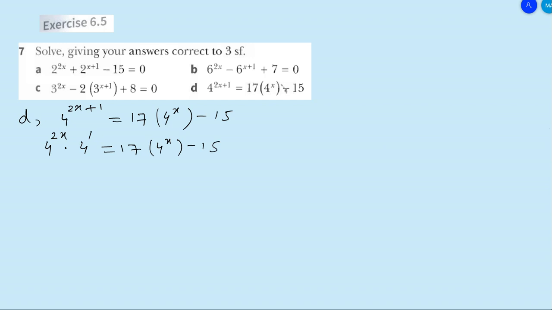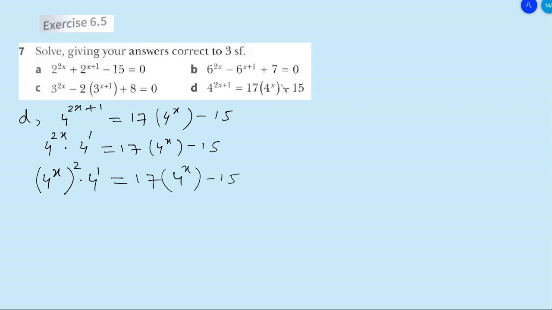Now write down 4 to the power 2x in terms of 4 to power x and power 2. Power to the power is always multiply.